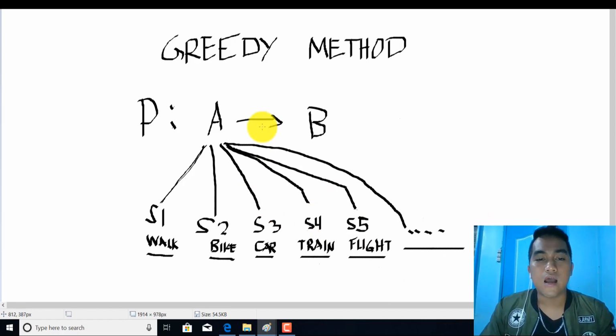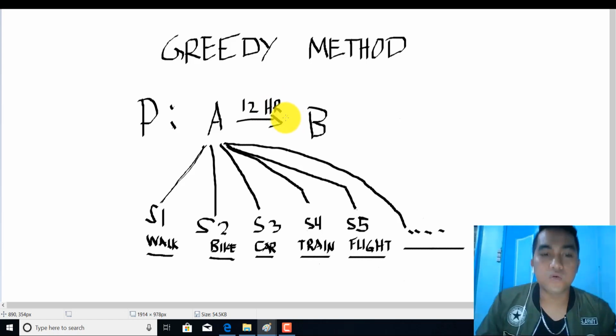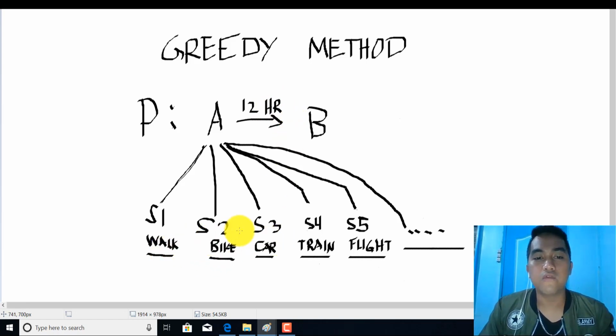But I have a constraint, which is to travel from point A to point B within a given time, say within 12 hours. So what are the solutions that satisfy this constraint?